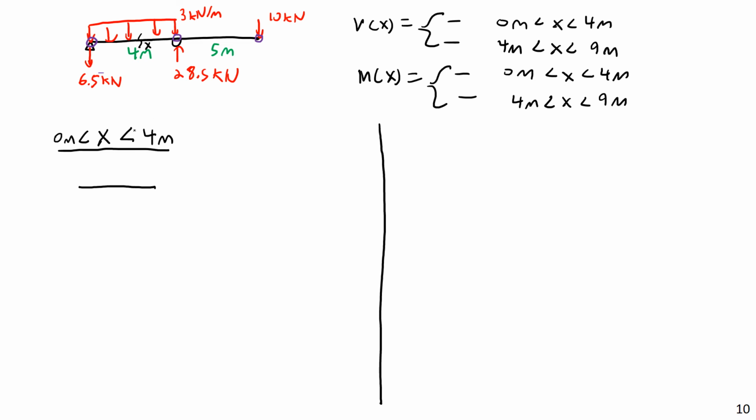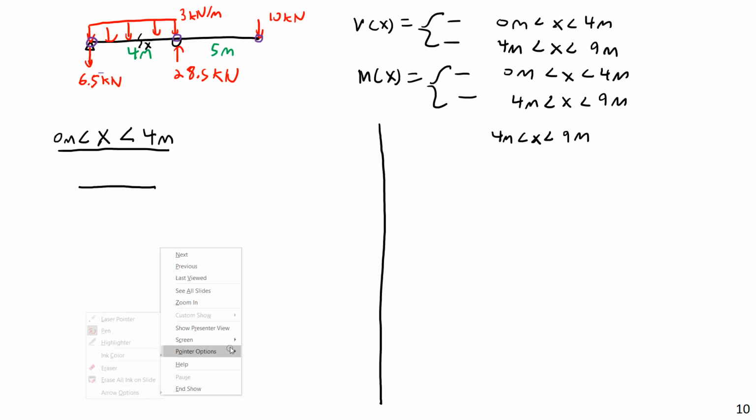I'm going to do one when x is between 0 and 4, and then I'm going to try to put this part of the problem on one slide, 4 meters and 9 meters. So again, I'm cutting at some location x, and this one's going to be very similar to the first example I worked through.